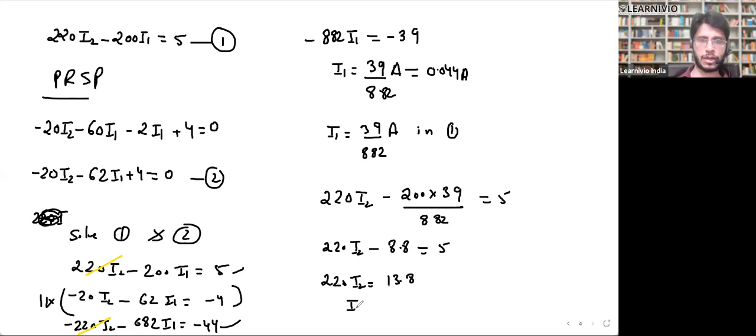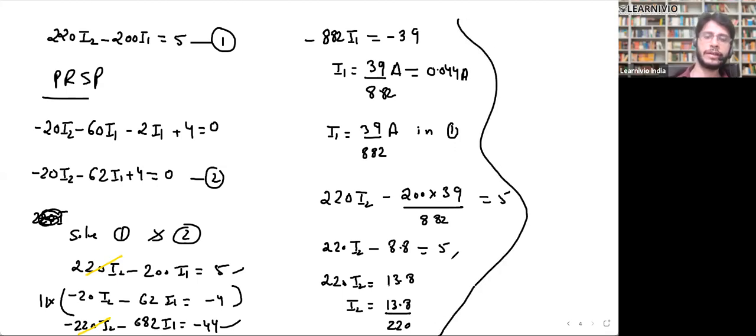So we get I2 is 13.8 divided by 220, which is 0.062.